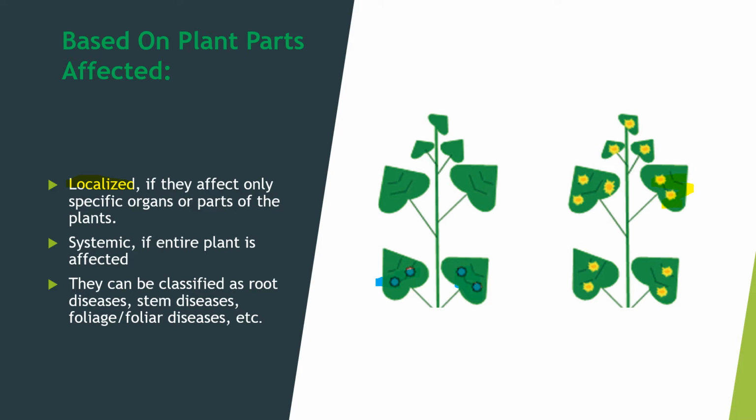If only the leaves are affected, we call it foliage or foliar disease. If only the stem is infected, we call it stem disease, and so on and so forth.